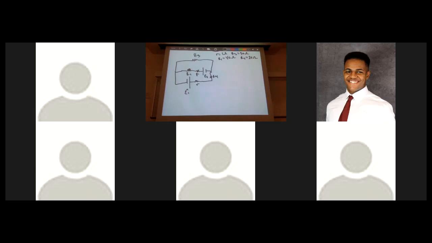So basically we're going to do exactly the same things. Again, we have 3 total loops, only 2 of them are independent. So the first thing we need to do is choose our loops. So Jake, give me a loop that you want to go through. The big one.